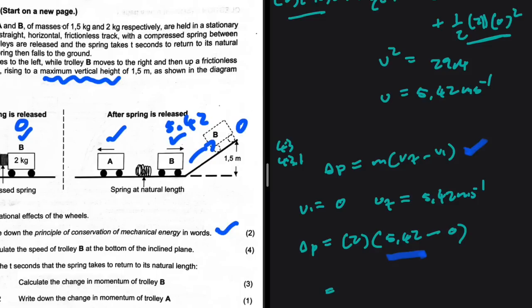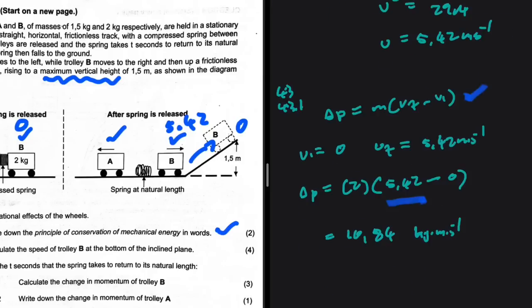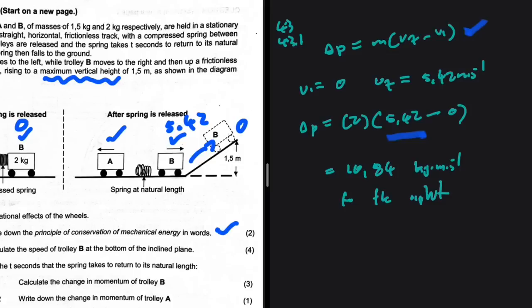So 2 multiplied by 5.42 is equal to 10.84 kg meters per second to the right. This is the change in momentum of trolley B. While for trolley A, write down the change in momentum of trolley A, that is 4.3.2, right? It is going to be the same, but in the opposite direction.